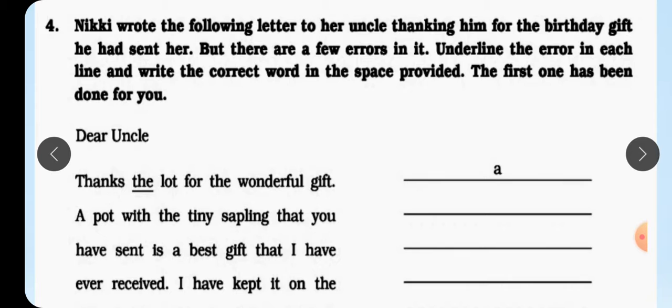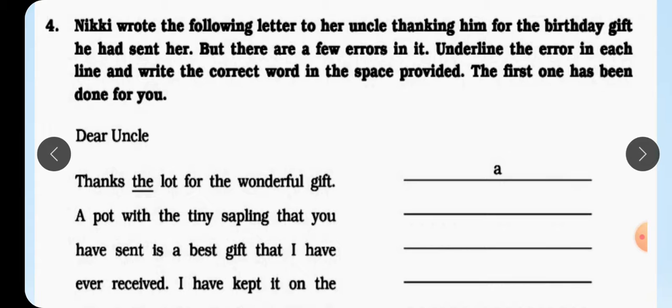Nikki wrote the following letter to her uncle thanking him for the birthday gift he had sent her, but there are a few errors in it. Underline the error in each line and write the correct word in the space provided. The first one has been done for you. Yes students, it's a letter written to uncle by Nikki. But there are some mistakes.